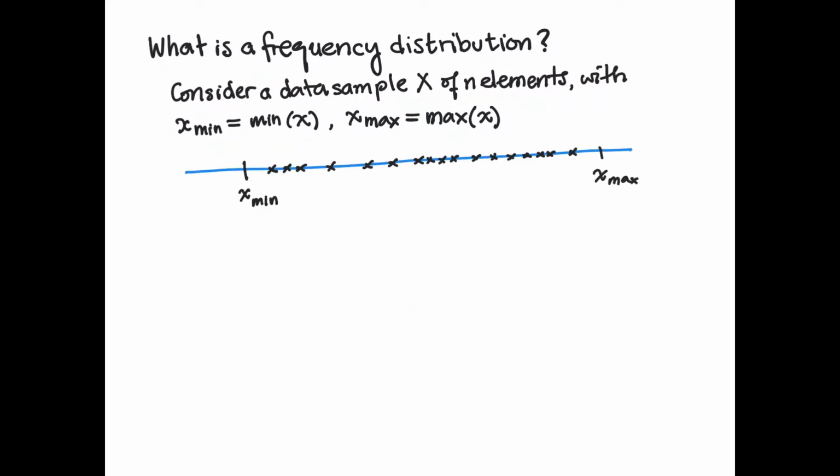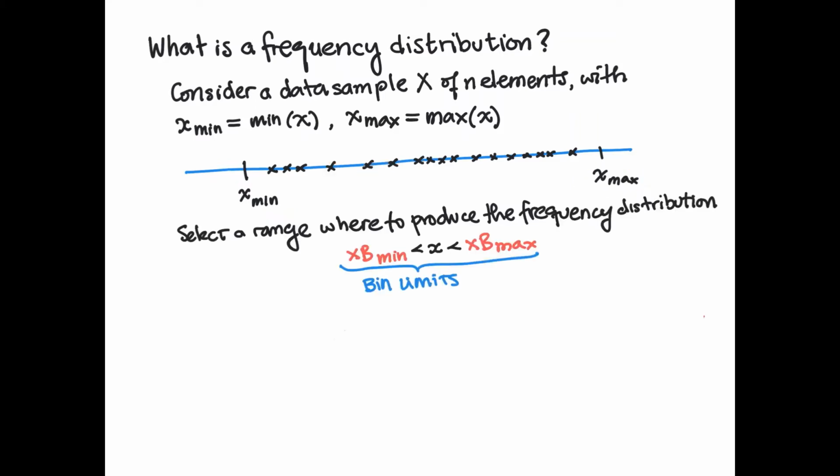Now, suppose that we want to classify that data, which is all located between the minimum and the maximum value, into a number of bins or classes. And so we select so-called bin limits, a certain XB minimum and XB maximum, to classify our data within those limits.